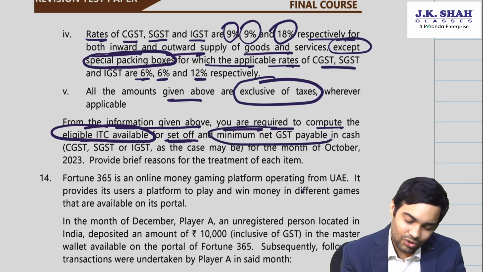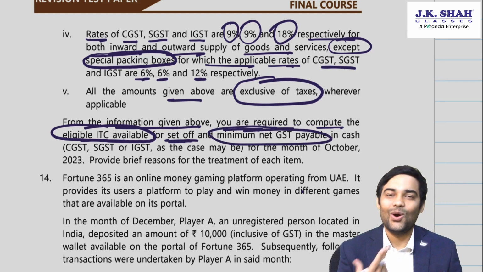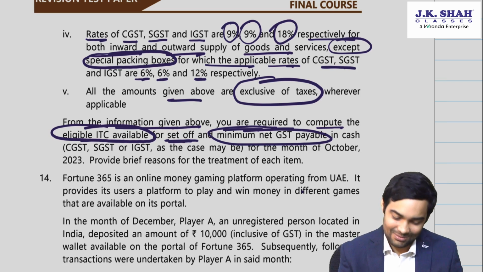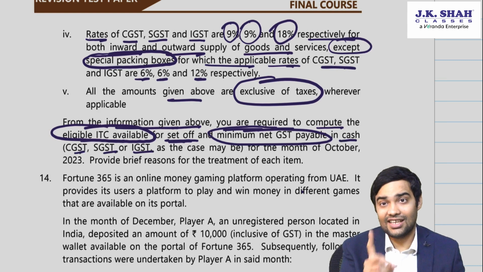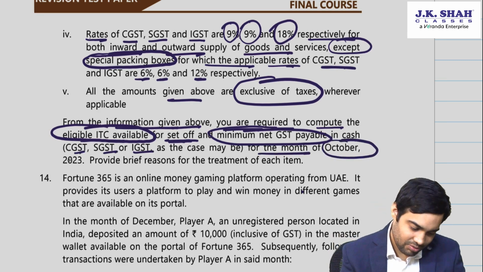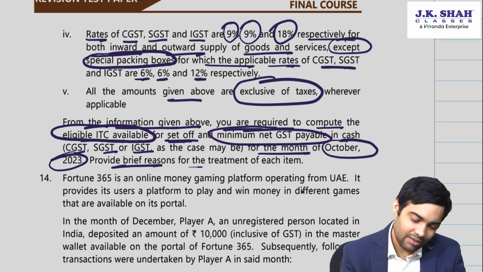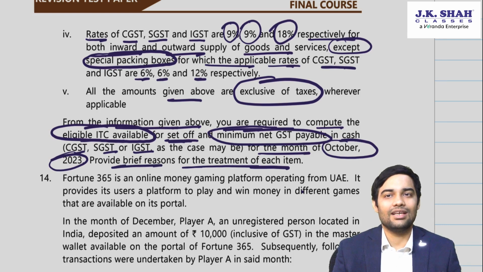Oh, that means you have to do input, output minus ITC. And if you have to do output minus ITC, obviously you will calculate ITC eligible. In cash, that is CSI, specifically given, you have to do CNSY. For the month of October 2023, provide brief reasons for the treatment of each item. Notes are mandatory.